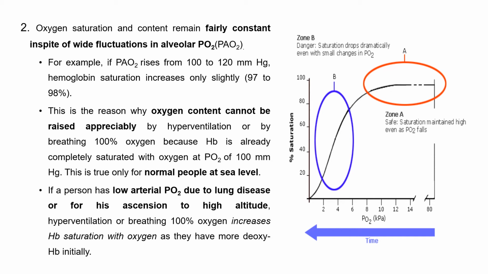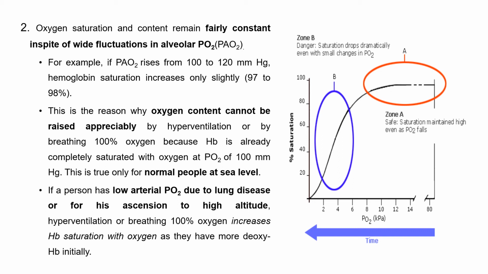If the SpO2 is showing 97 to 98%, then you can't increase the saturation by inhaling oxygen, because there is no hemoglobin left to carry the extra oxygen.